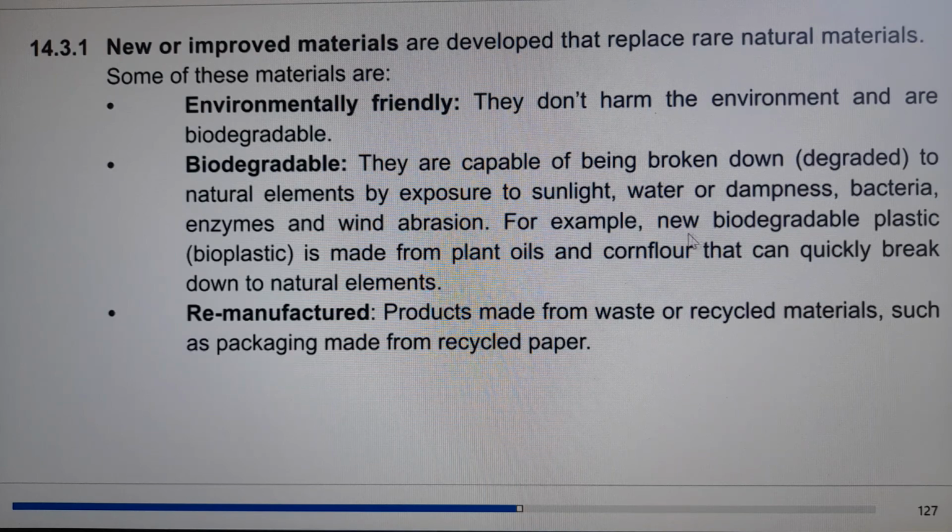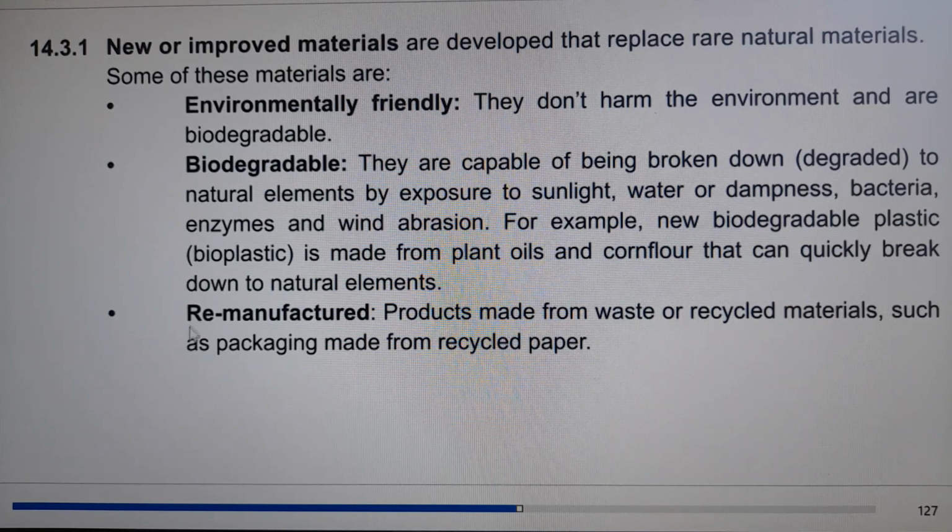For example, new biodegradable plastic is made from plant oils and corn flour that can quickly break down to natural elements. So we've got a new biodegradable plastic that can biodegrade.